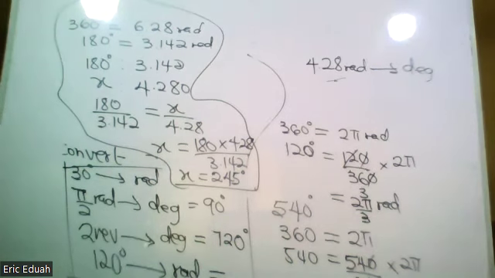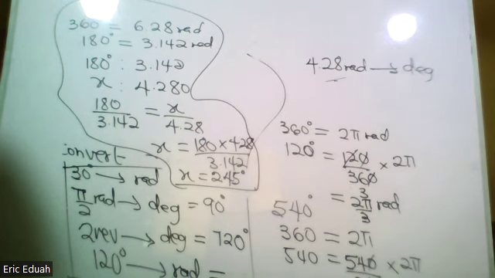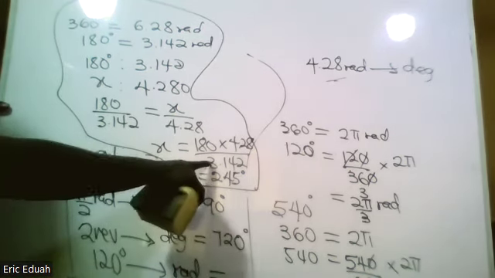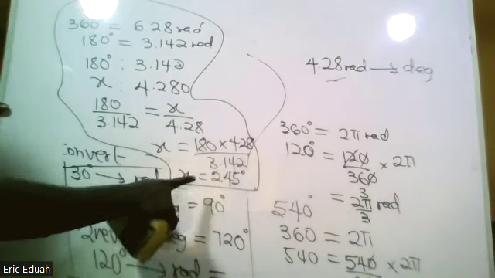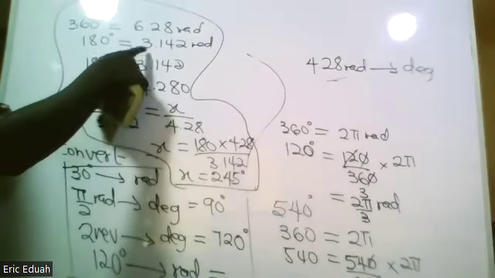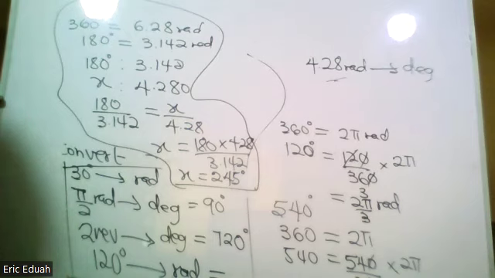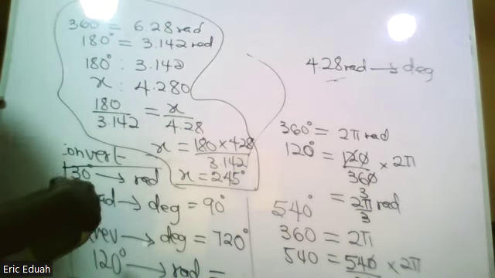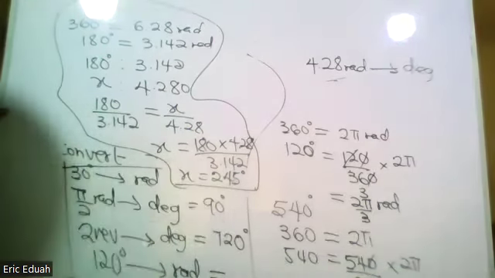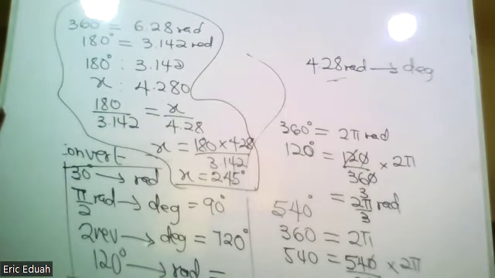Sir, for the question that she had, the answer is 245 degrees. I had 248. So is it the same? It's because of what you use as pi. Don't forget, I have made an approximation. So if you use the whole value, it will change. I have just approximated it. Okay. All right.